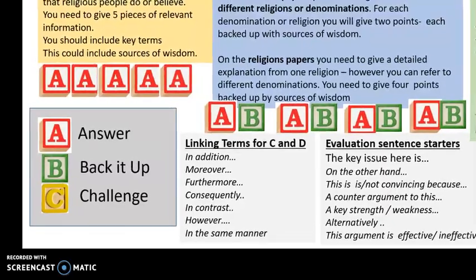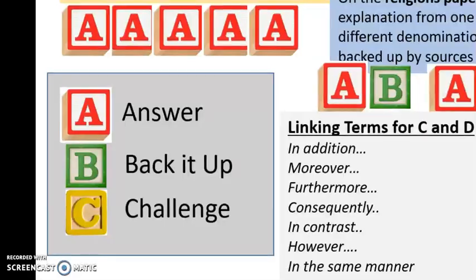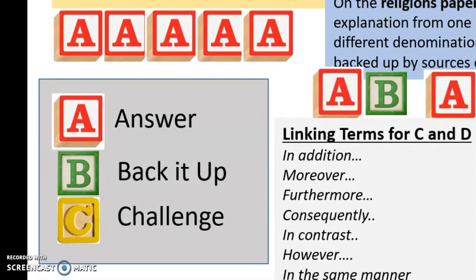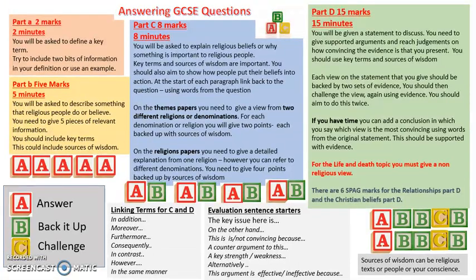So to remind you, doing well on your Eduqas exam is as easy as A, B, C. In your Part B, 5 sets of A. Part C, 4 sets of A, B. And Part D, A, B, B, C, B twice, and if you have time, a conclusion.